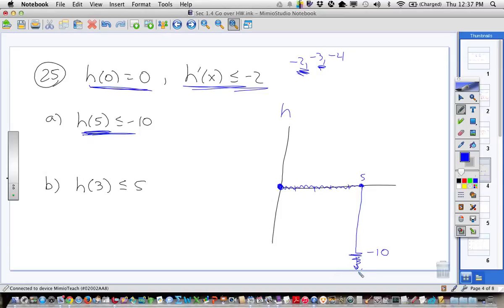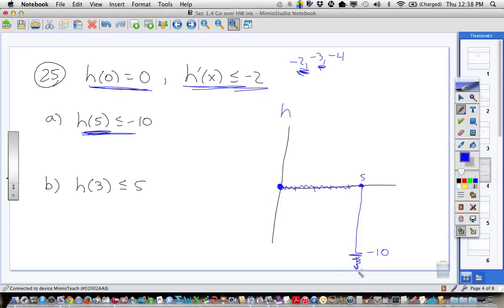Now, this was a quiz and you were supposed to show this. I think what you need is that picture and those words that I was just saying. It might sound something like this. If you start at 0, 0, and you go over to the right 5, if the slope is -2, you would have to go down at least 10. But since the slope could be -3, -4, it could go down even more.